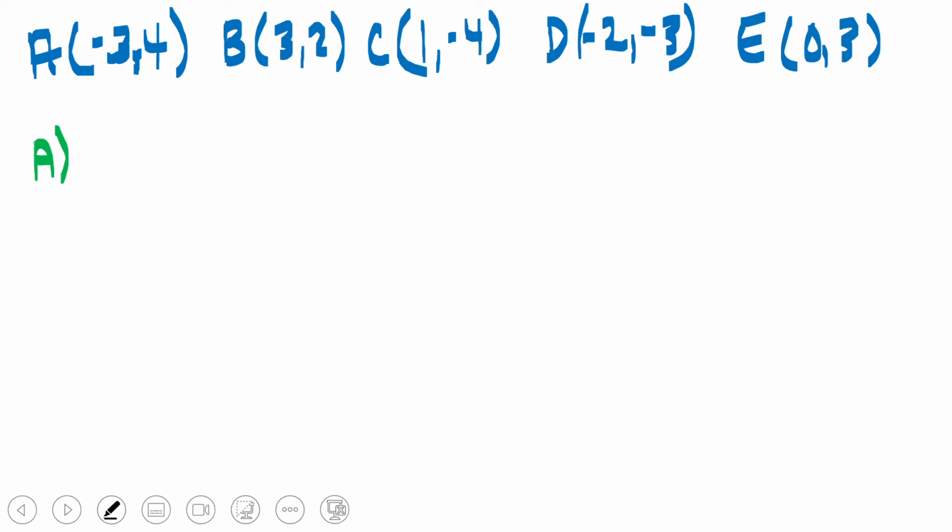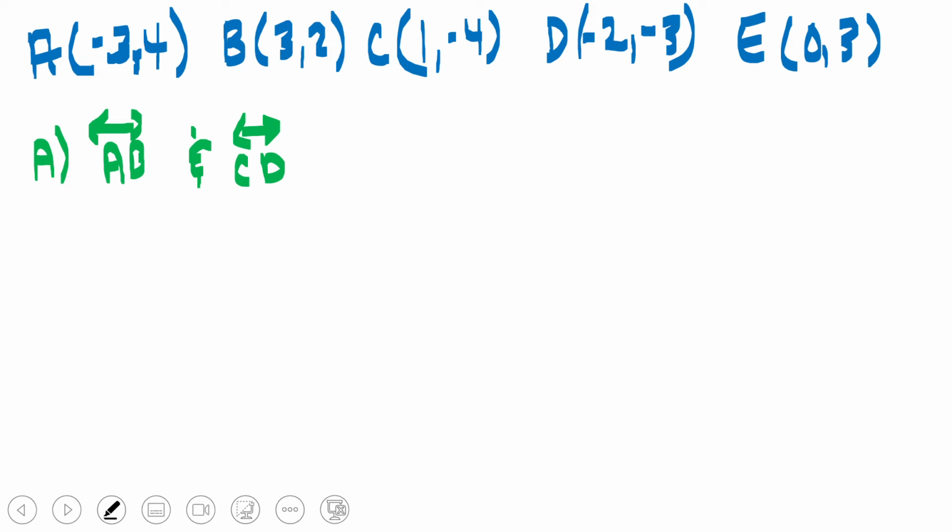For instance, line AB compared to line CD. We're deciding if these two lines comparatively are parallel or perpendicular. How do we start? We find the slope, and we need the slope formula.